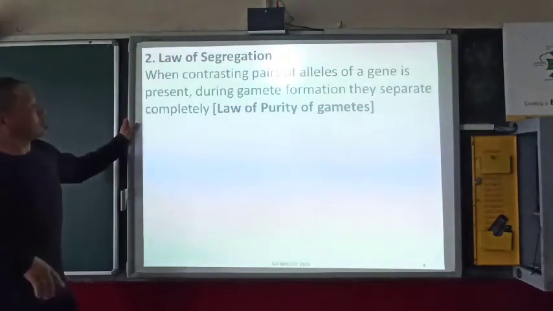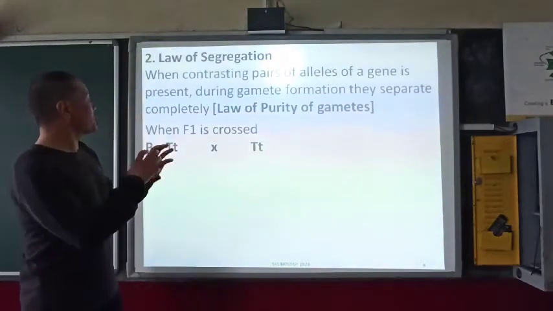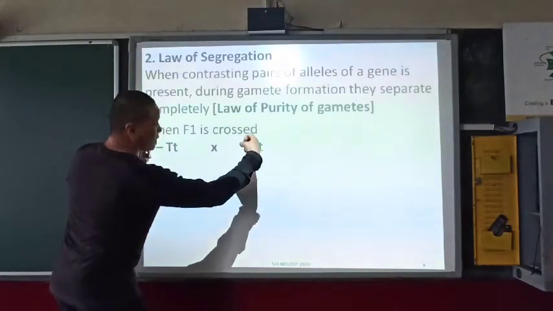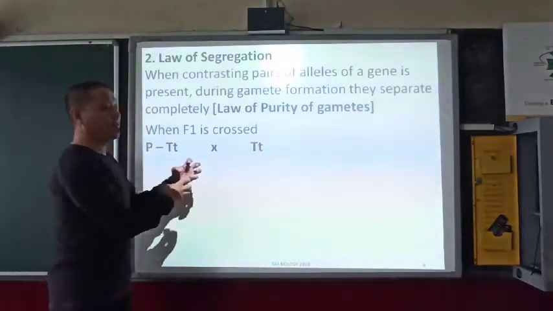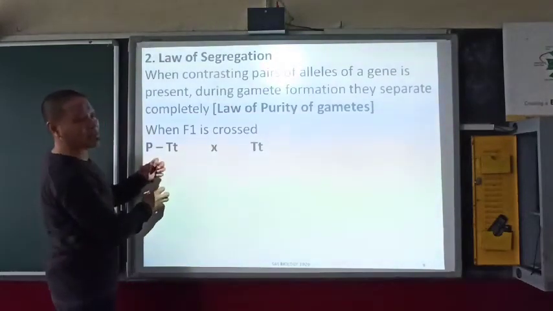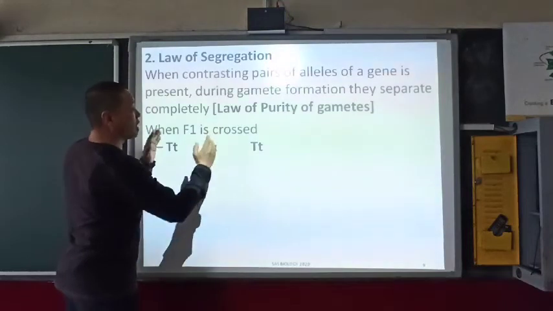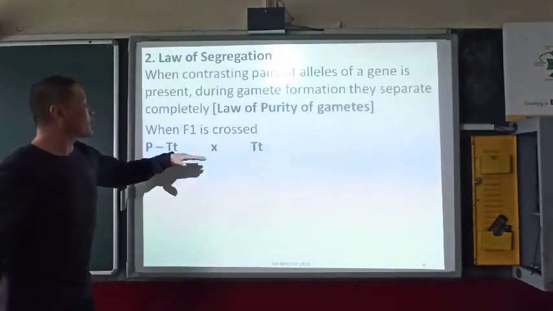For the time being, just understand that when gametes are formed, these traits, this capital T and small t, they separate completely. Tall and dwarf, they don't mix to form a gene which contains a medium height pair. So it's not mixed. The genes are pure, and it's also known as the purity of gametes.